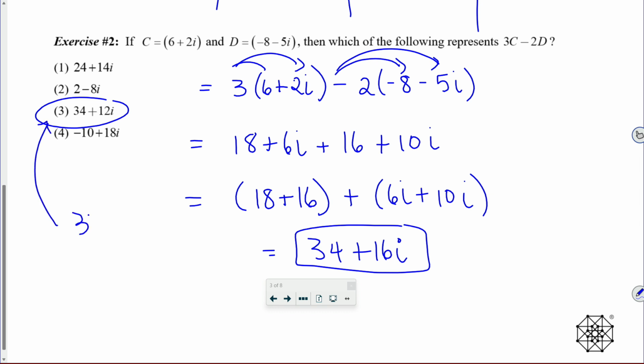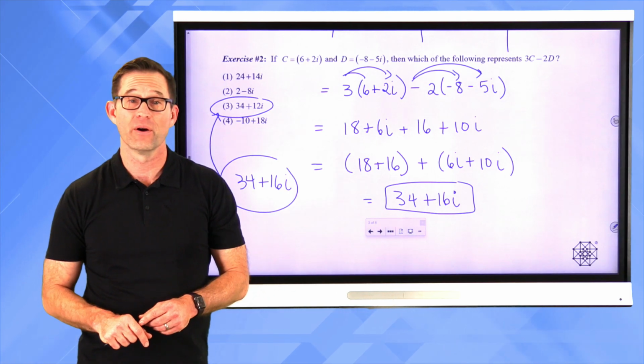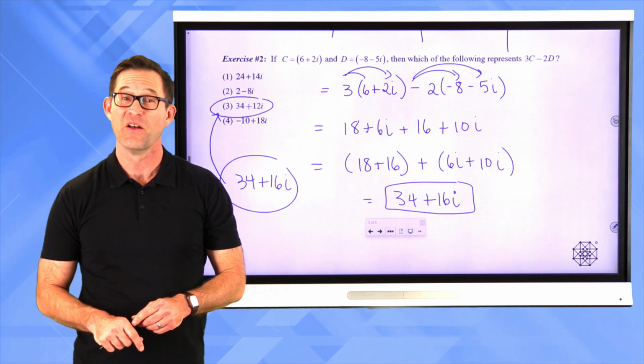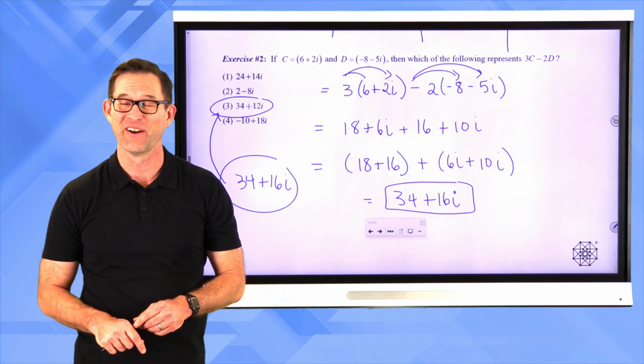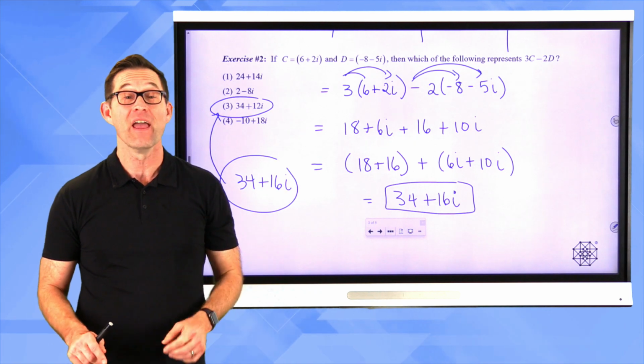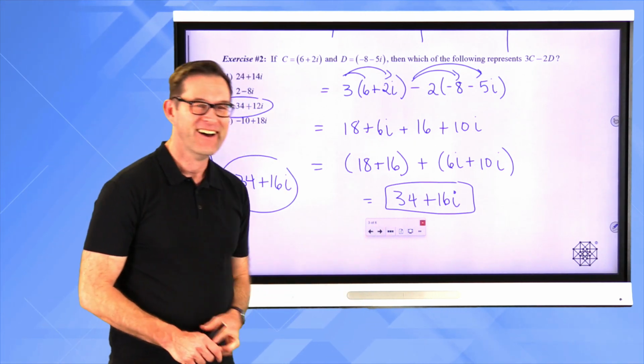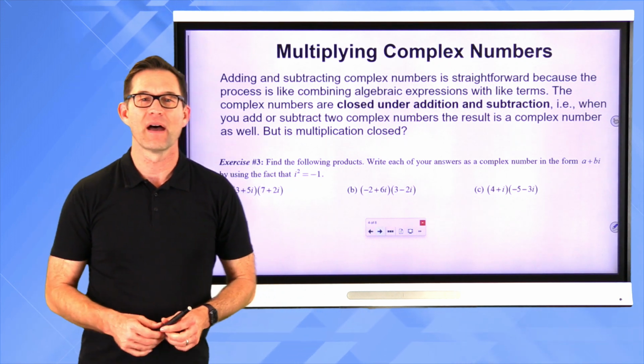This should have been 34 plus 16i. So we've got choice 3. It's definitely not 12i. I don't know where that came from. But at least hopefully on your worksheet it actually says 34 plus 16i there. Just not in my display. It's none of the above. All right. Ah, the joys of doing math on the fly.